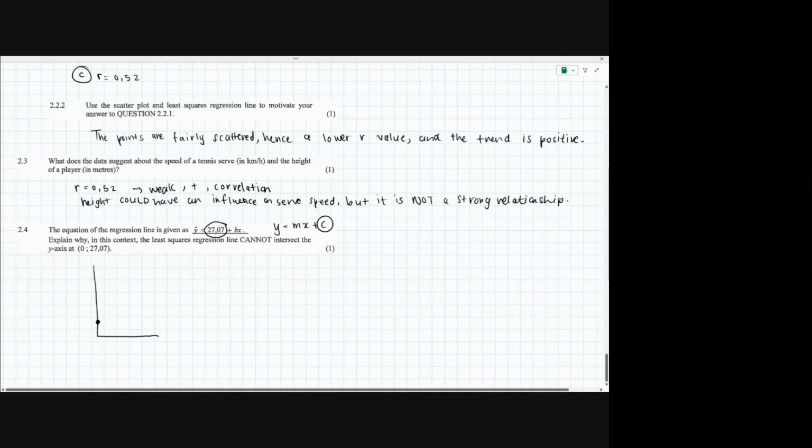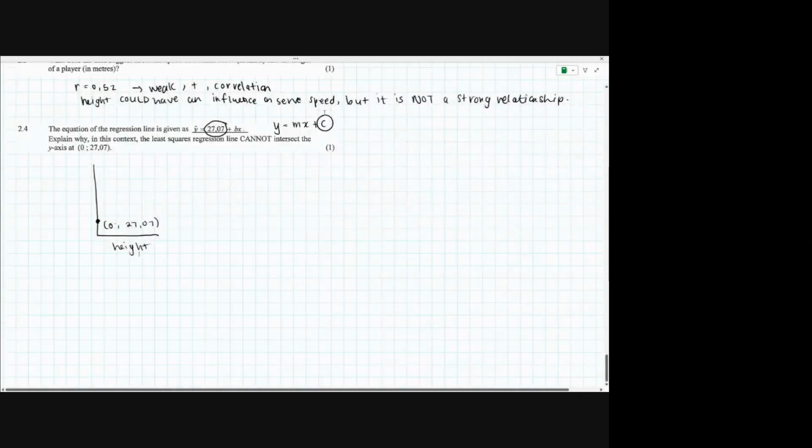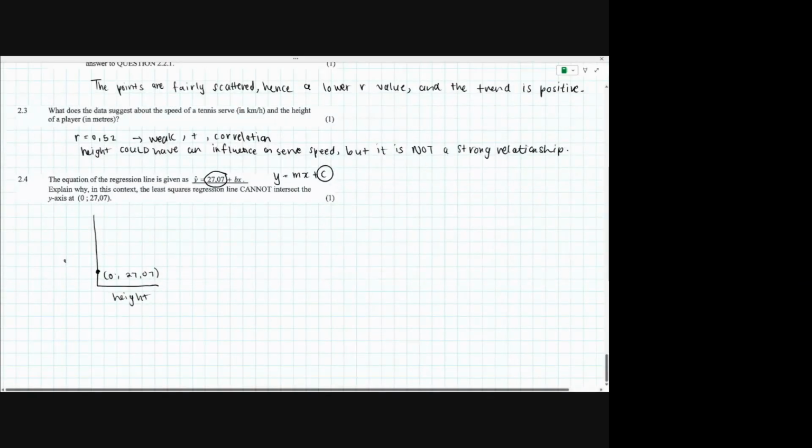Right, so there's my point, 0; 27,07. X would be the height of our tennis player as it was on the scatter plot, and Y would be the speed. So given the fact that I've just said X is height, can you be 0 meters tall?